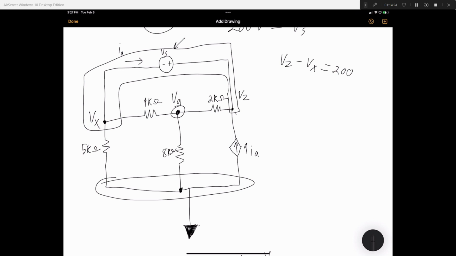That I do know. Now, I do know that V sub Z minus V sub X is equal to 200.